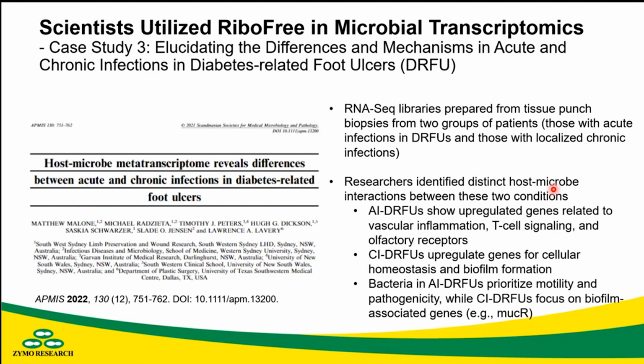Therefore, they drew a temporary summary using information made available to them as of now: bacteria in acute infections of diabetes-related foot ulcers would prioritize their motility and pathogenicity, while bacteria in chronic infections are more focused on biofilm-associated genes, trying to stay in the homeostasis that they are in.